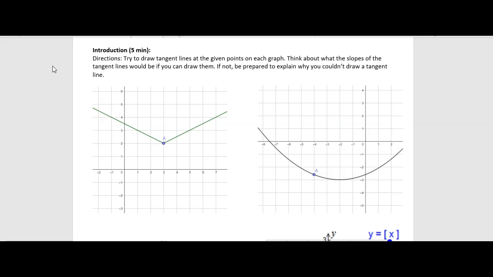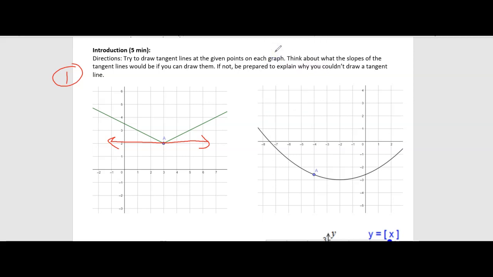Okay, so for the one in the top right, we can call that number 1. Can we draw a tangent line at point A? Now, initially you may have thought, well, sure, right? The tangent line is just going to look like this. But it's not clear that that would be what the tangent line would look like.